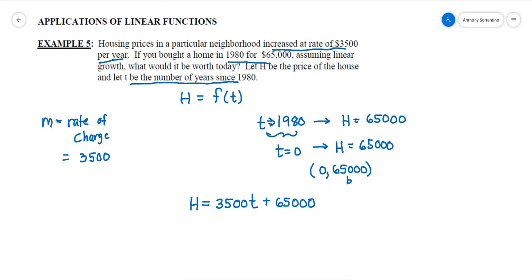Since it is linear growth that we're assuming here, it can be represented in slope-intercept form. And so now, since I am recording this in 2019, I'm going to say today is 2019.